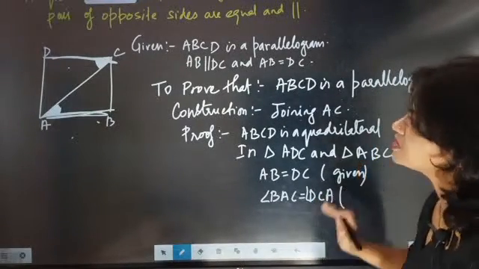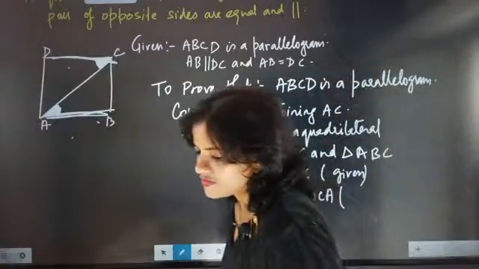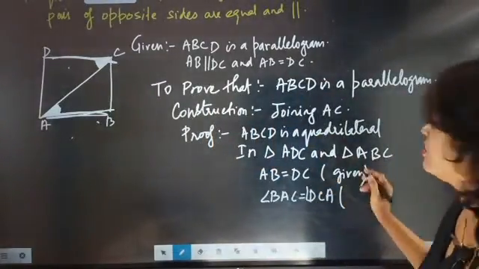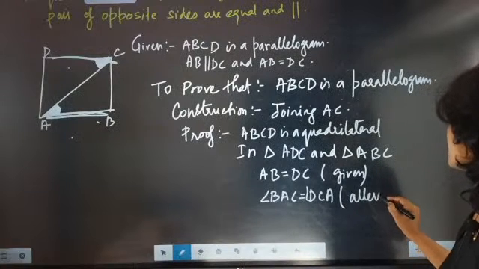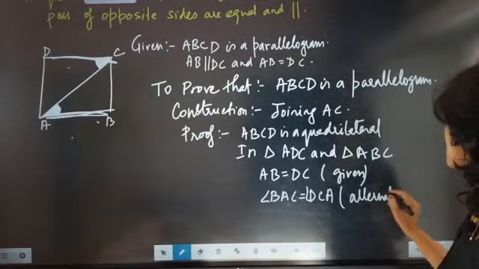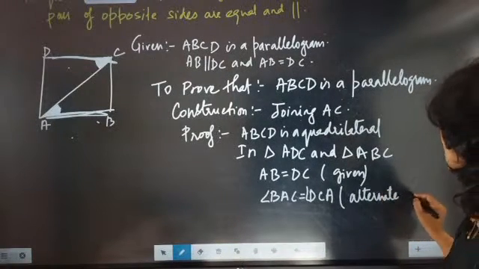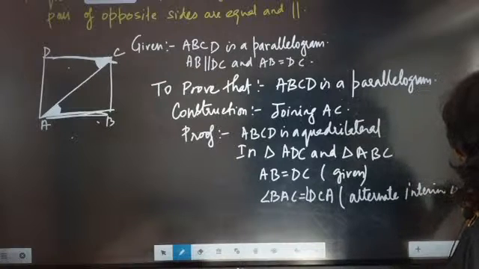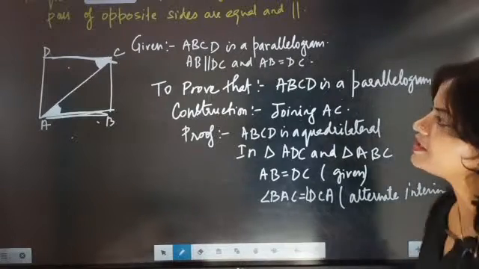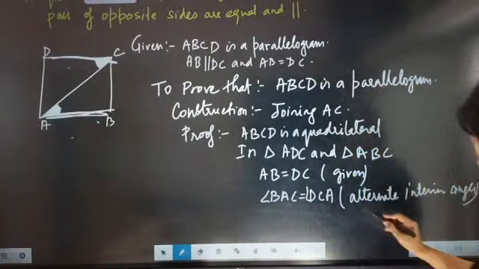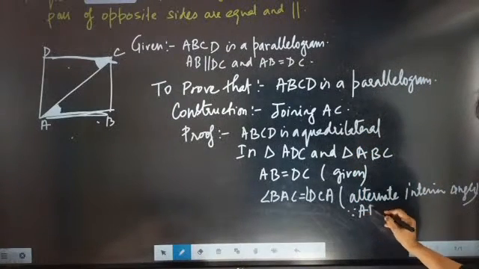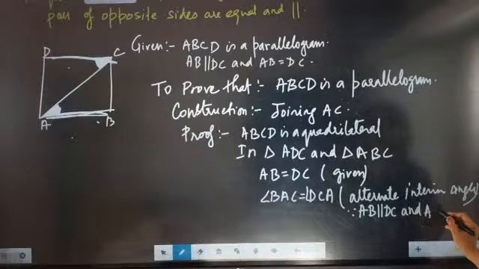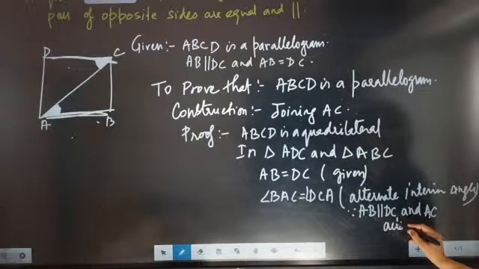Can we say alternate interior angle? Yes, we can say alternate interior angle, since AB is parallel to DC and AC acts as transversal.